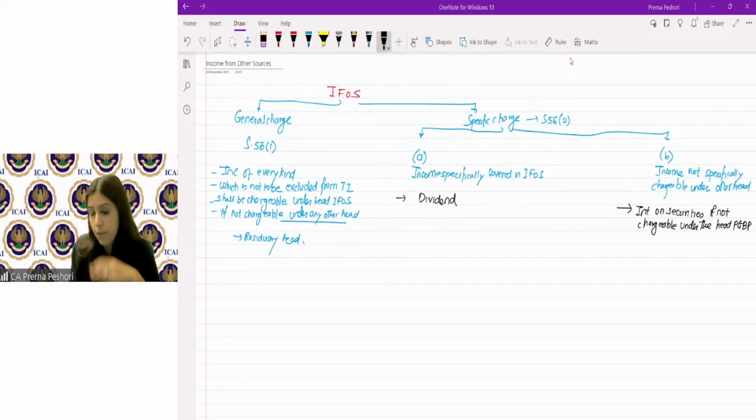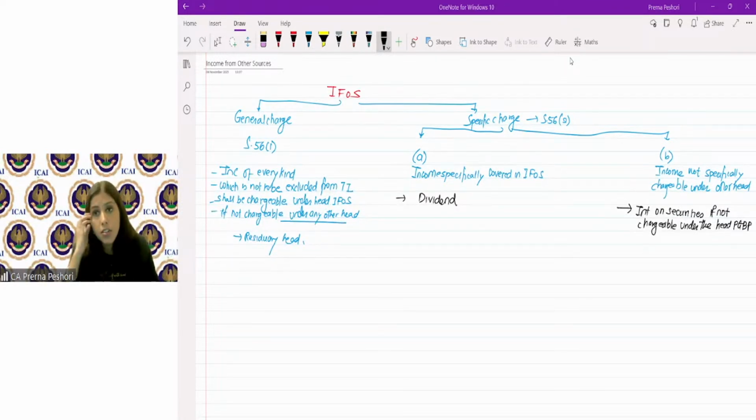Yes, students. Faster. Yes, Vanshika. Very good. Yes, Mohammed. Good. Yes, Usha. Right. So this will be income from other sources and not PGBP.